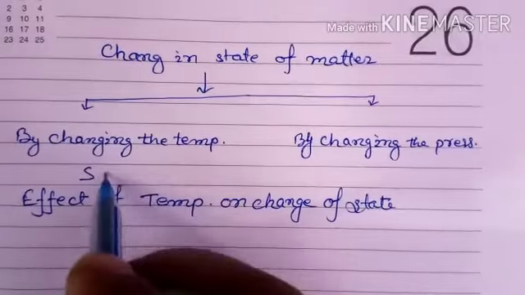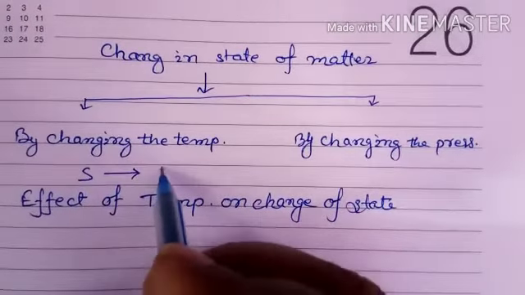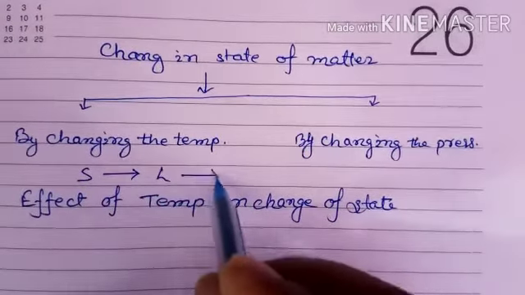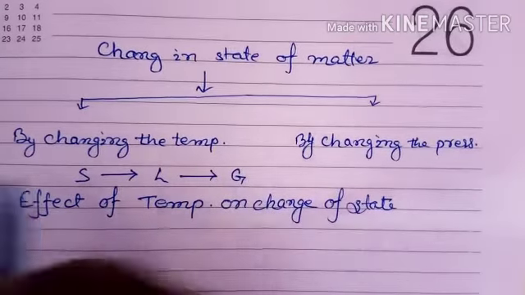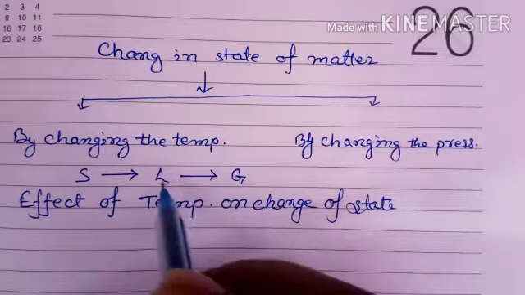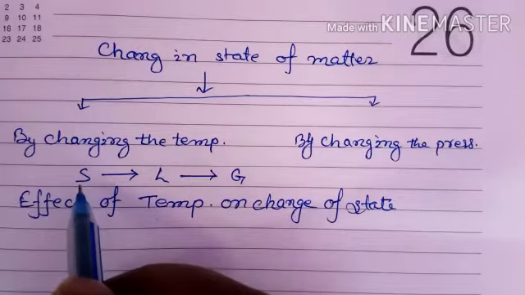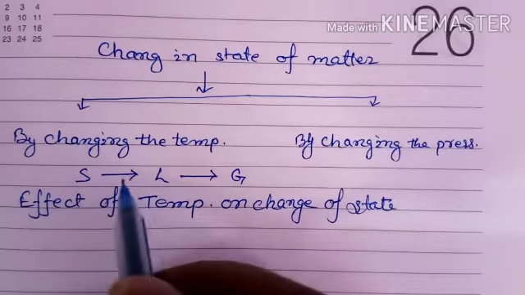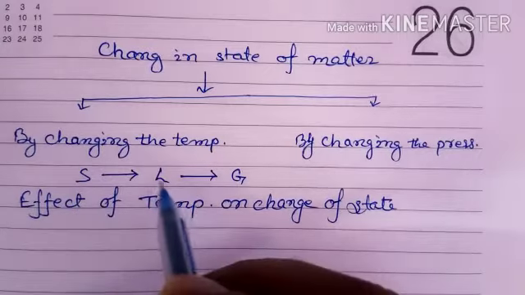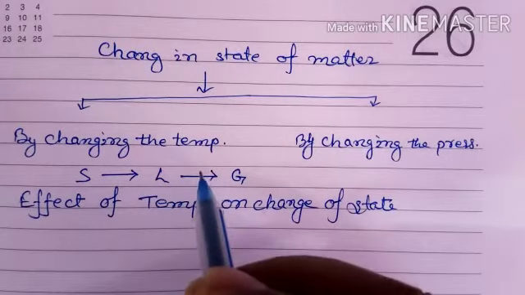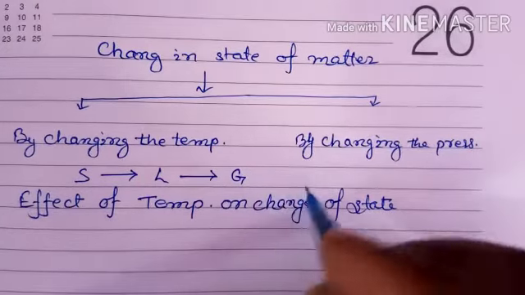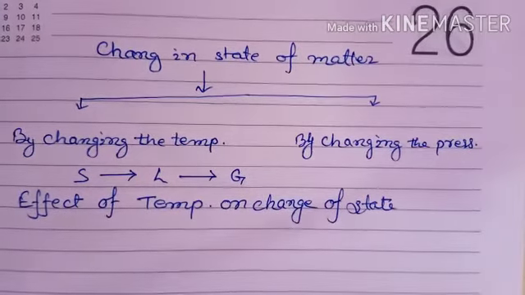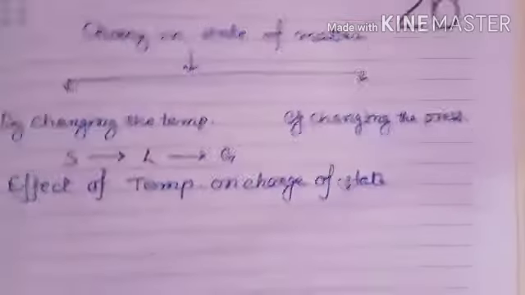That means solid can be converted into liquid and liquid further can be converted into gas. And this can also be reversed, that means from gas to liquid and liquid to solid can also take place. So this changing of state of matter from one form to another is known as interconversion of state of matter.